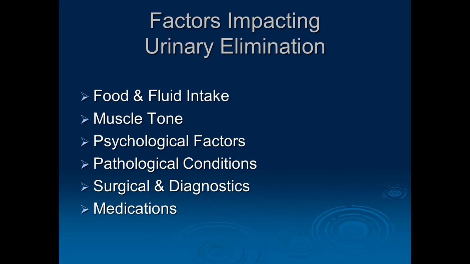Foods and fluids high in sodium cause fluid retention. Muscle tone. Good muscle tone maintains elasticity and contractility of the detrusor muscle, allowing the bladder to fill and empty adequately. One factor that can alter this muscle tone is long use of a Foley catheter. It can cause poor bladder muscle tone.